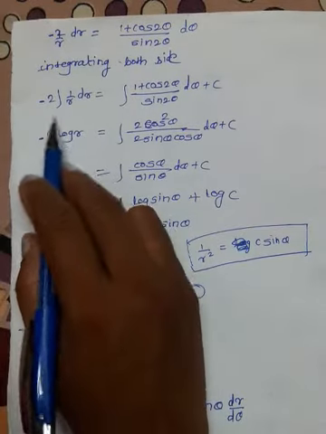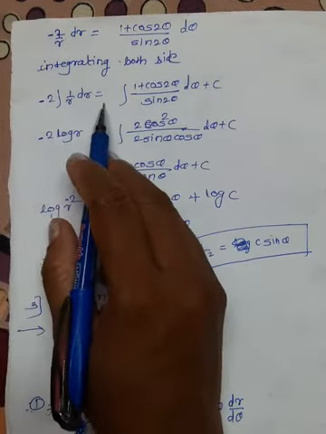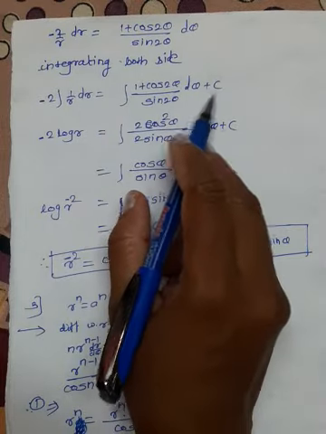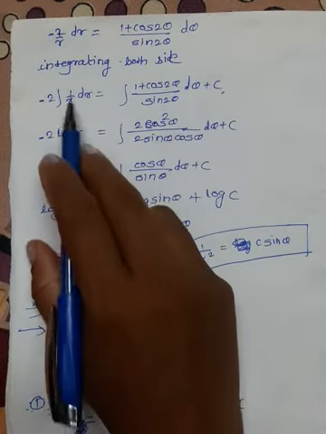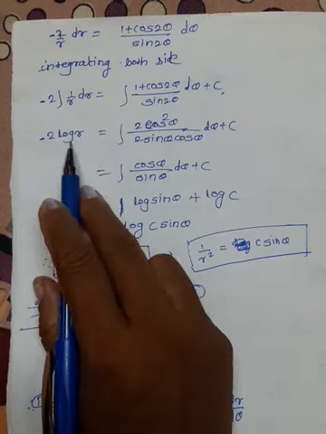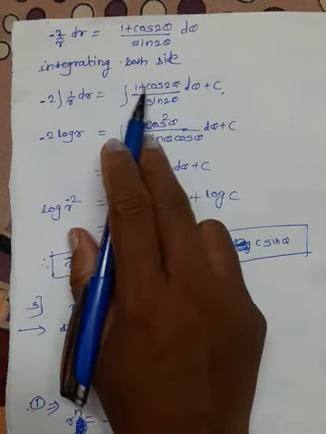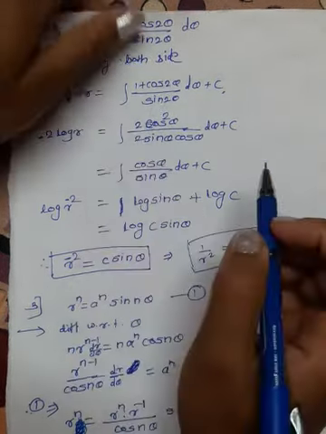We get minus 2, a constant, integration of 1 upon r dr is equal to integration of this term d theta plus c. Okay, integration of 1 upon r is log r, minus 2 constant as it is, and we know one formula.